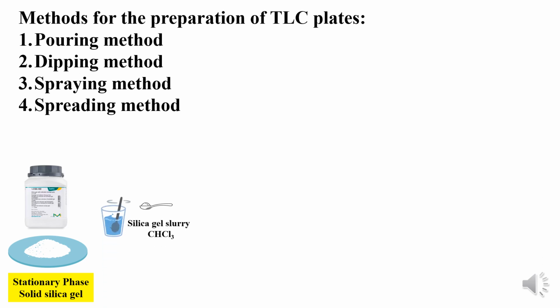A suspension or slurry of silica gel can be prepared by mixing the silica gel powder in low boiling solvents like chloroform and stir the resultant suspension using a glass rod for a short period of time until you get an even consistency or good consistency of the silica gel slurry. So now the silica gel slurry is ready, and the TLC plate can be prepared by employing these 4 methods.